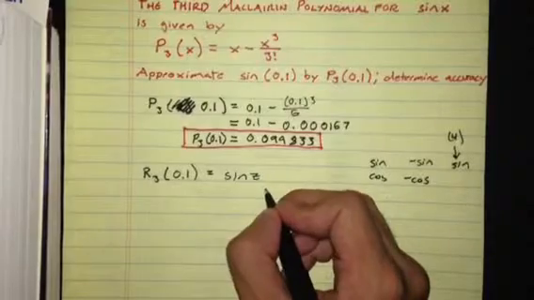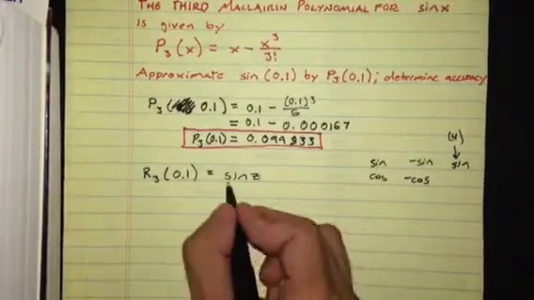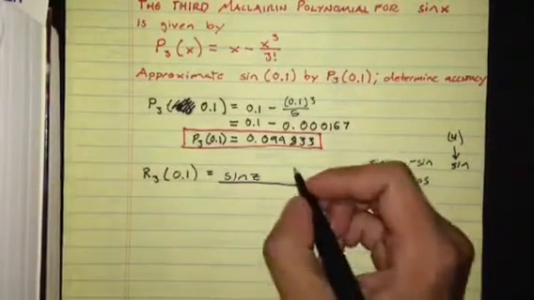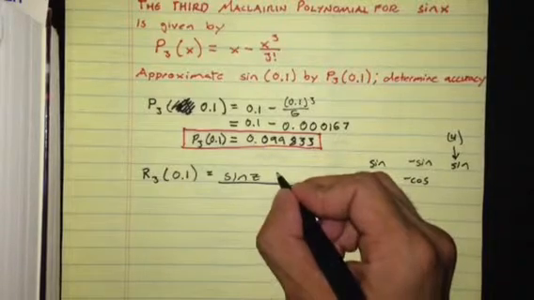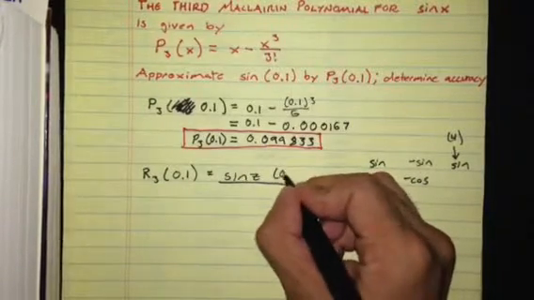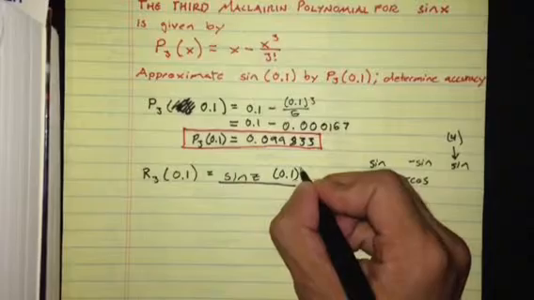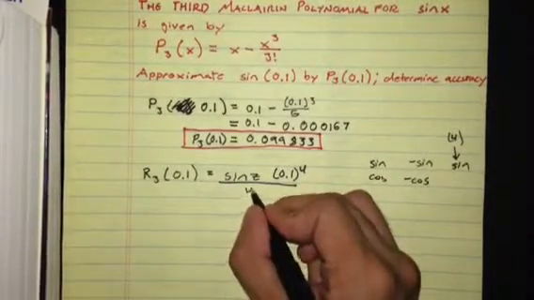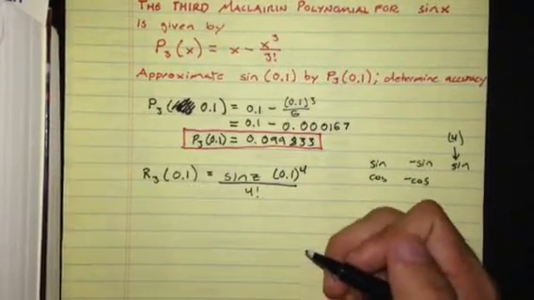I love trigonometry. So that's the fourth derivative, and then times 0.1 to the fourth over 4 factorial.